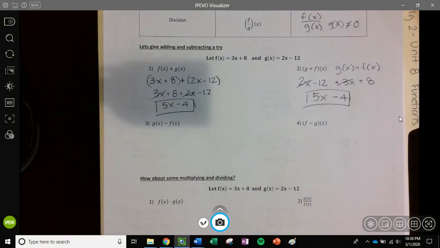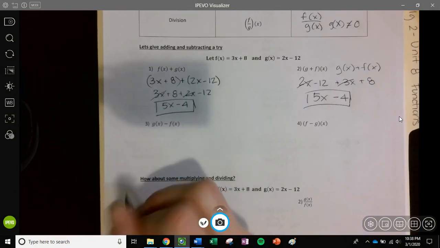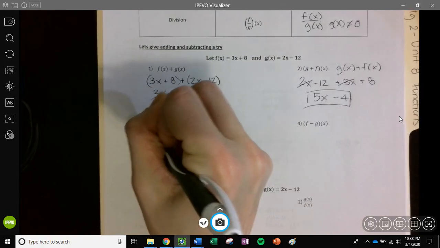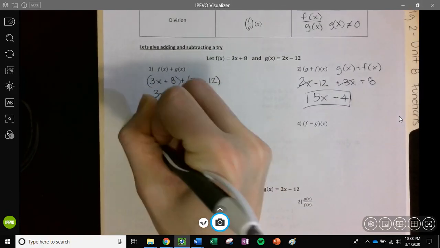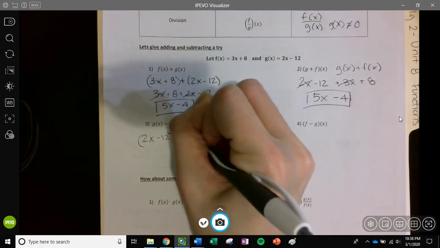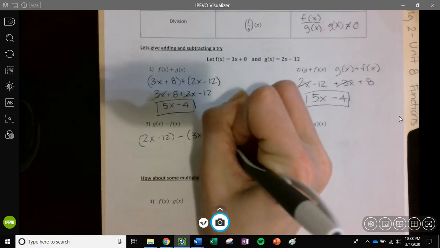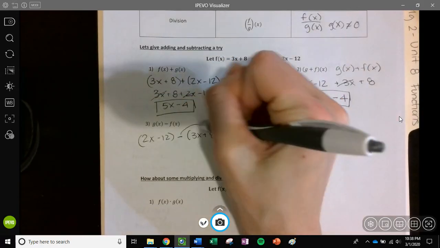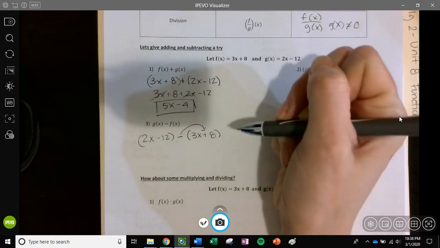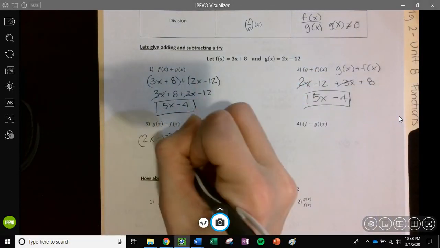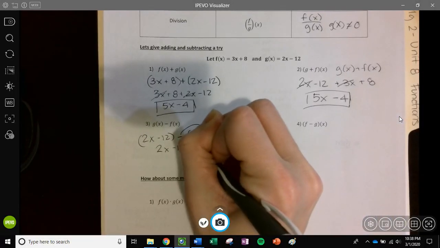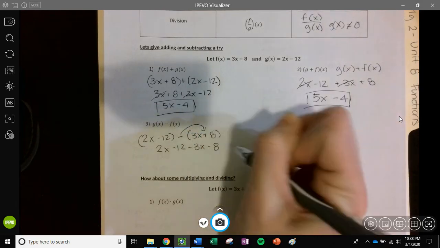Different story for subtraction. g(x) minus f(x). So 2x - 12 minus (3x + 8). We have to distribute the negative. So we'll get 2x - 12 - 3x - 8.